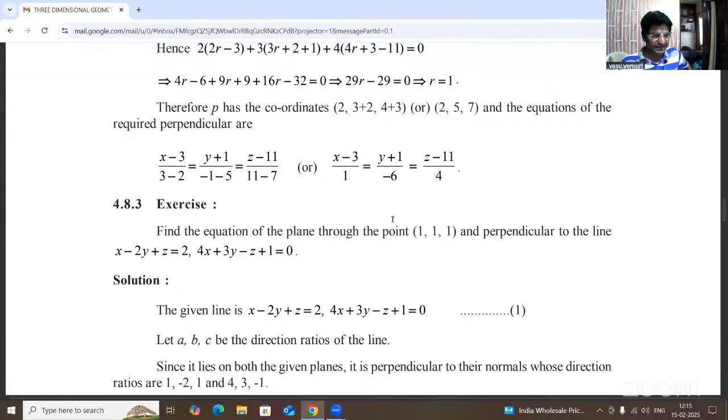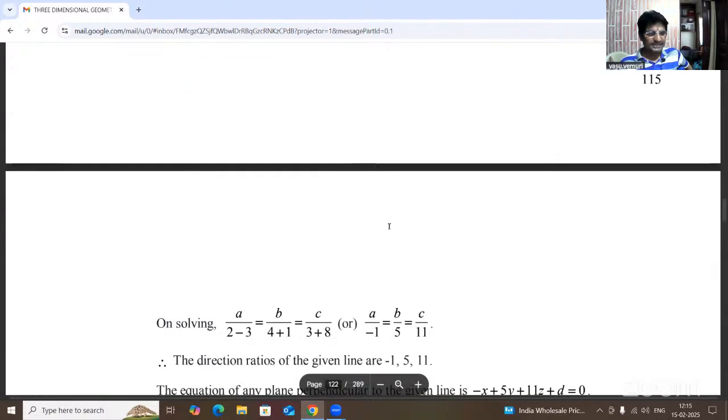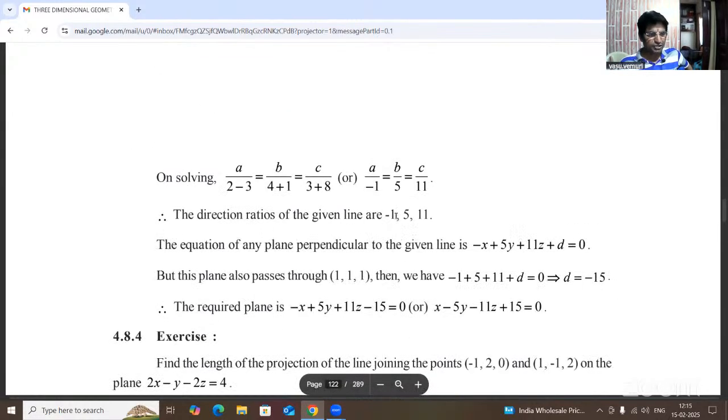The line is given, so first write the given line in non-symmetrical form. Then write the x, y, z coefficients to get the normal in terms of a, b, c. So a minus 2b plus c equal to 0, and 4a plus 3b minus c equal to 0. By the cross multiplication rule, we get the values -1, 5, 11.